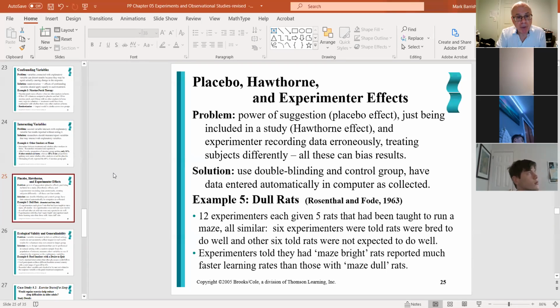So the whole idea here is that experimentation can be complicated, and you have to really think about what types of things could be influencing the results of the experiment. Randomization tends to take care of a lot of this, all right? A lot of things. And that's why the central key part of a well-designed experiment is to randomly assign treatments to people.